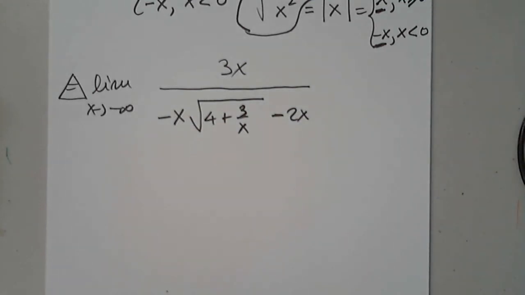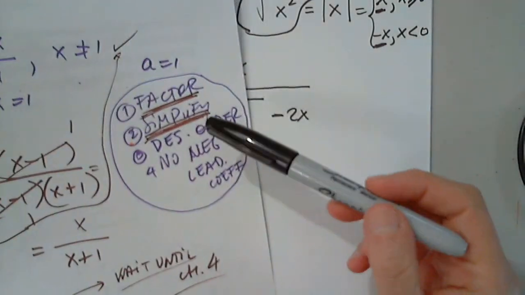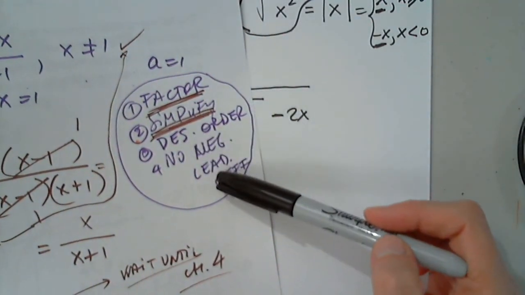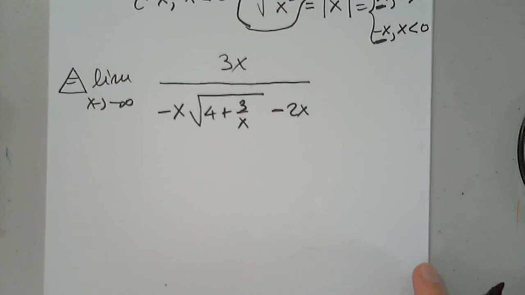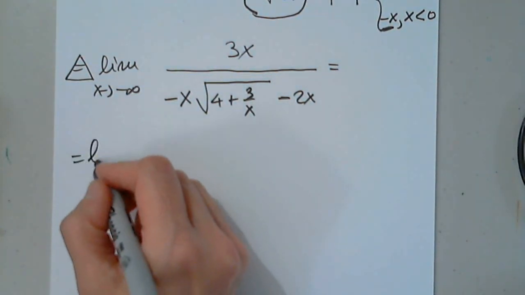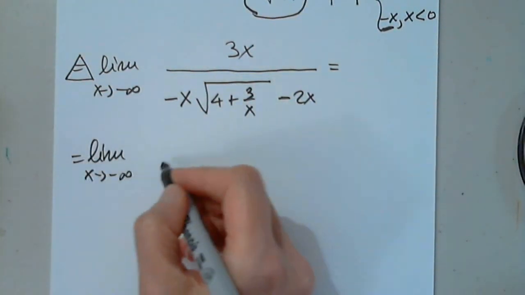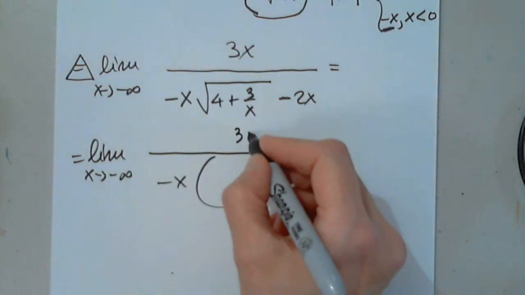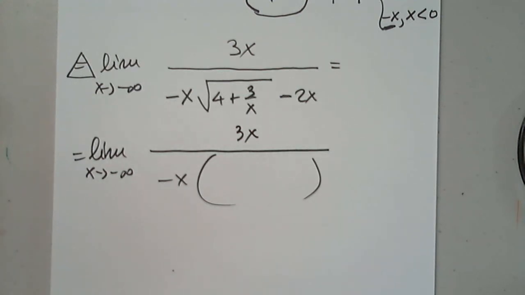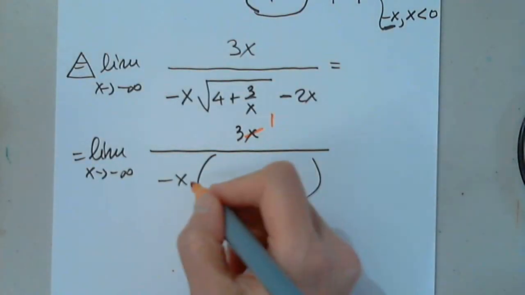And here is your hint. Factor out x or, careful, negative x. Exactly, yes. Thank you very much. That's what I want. That's my target. Eventually this will go away.